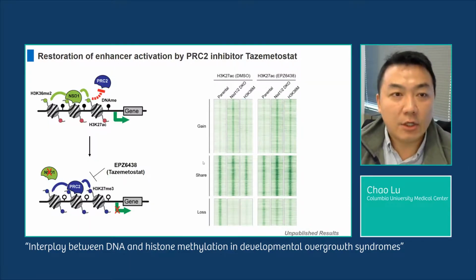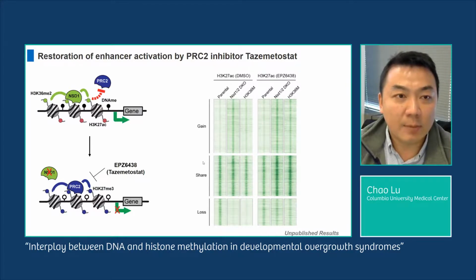So these findings actually fit nicely with what we previously knew about those modifications, because both H3K36 dimethylation and DNA methylation have an established role in inhibiting PRC2, which is the histone methyltransferase complex that specifically catalyzes H3K27 trimethylation.